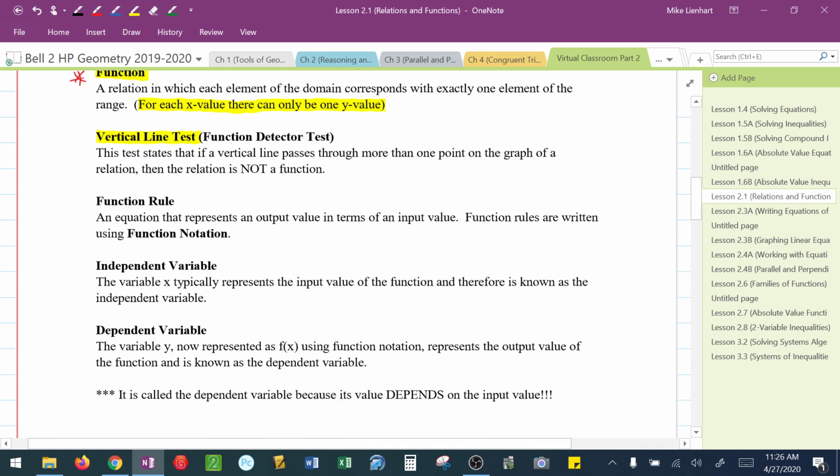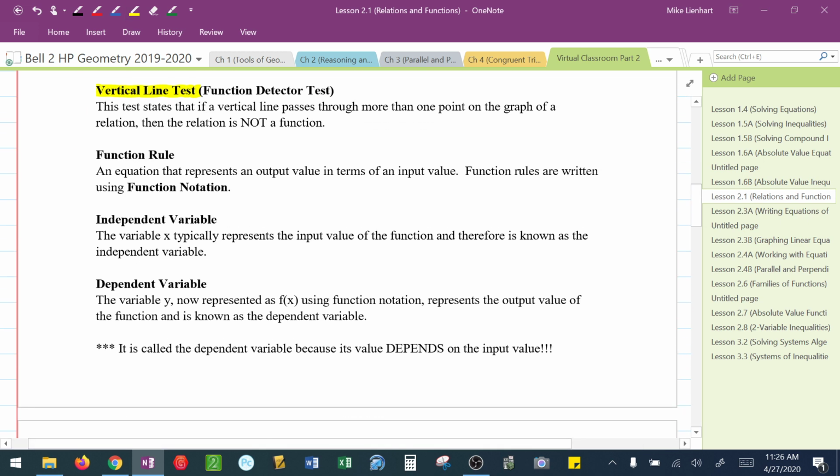We have a function rule, and our function rule is an equation that represents an output in terms of the input. Function rules are written using function notation. Typically, you're going to see something like this, f of x.